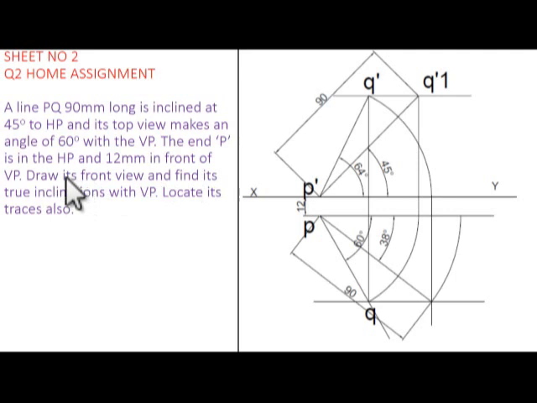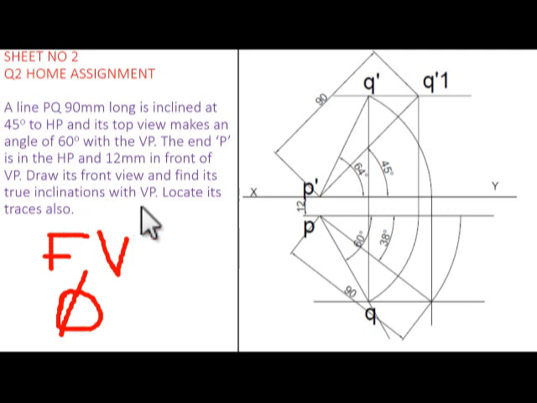First we have to draw the front view, and then we have to find the true inclination with the vertical plane, that is phi. So first the front view and then phi. Let's start with how to draw the front view.